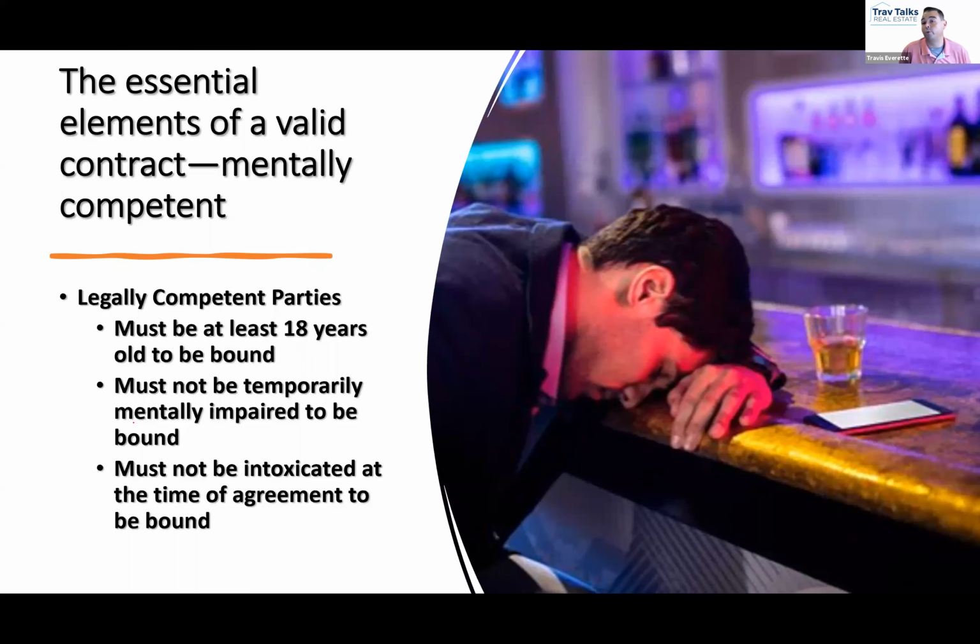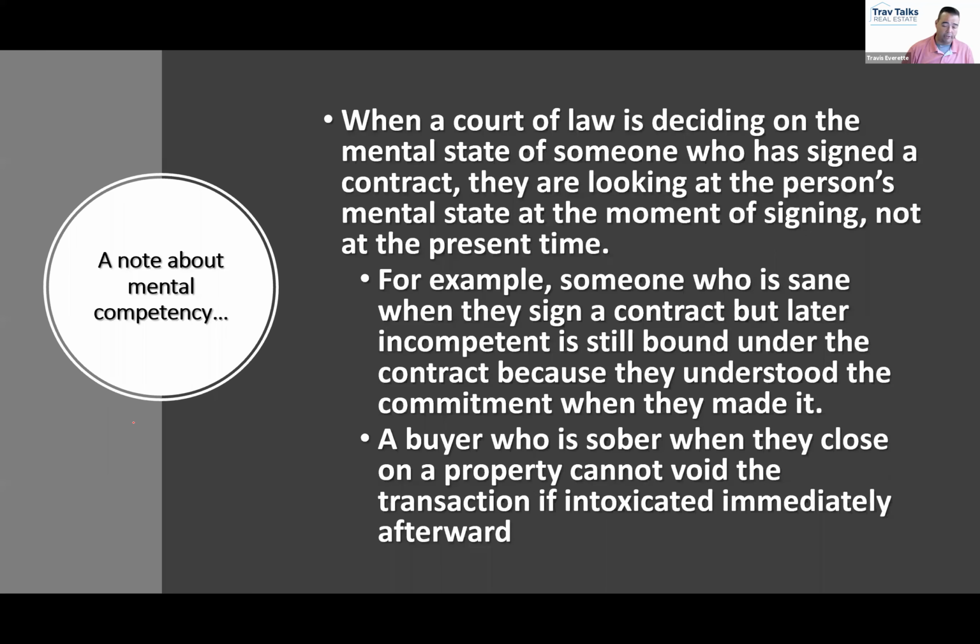Specifically, what kind of agreement do we probably have if a judge decides that one of these parties was not competent at the time they agreed? Voidable. The only difference is if someone has been declared permanently mentally incompetent, then that would be a void contract. The idea there is they can never be held responsible.